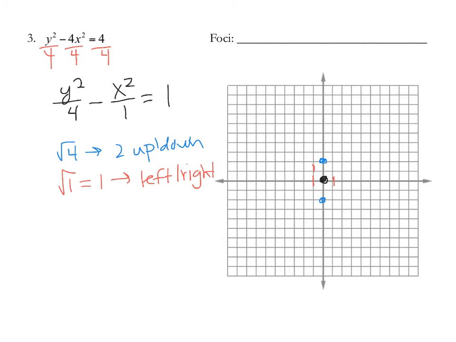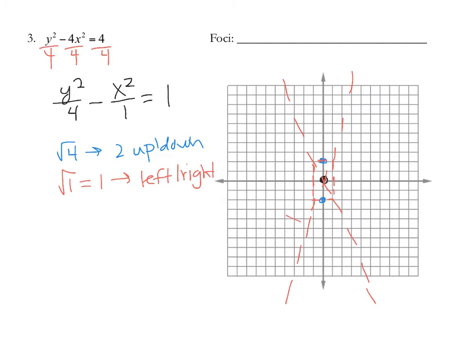So this one, we get a teeny tiny rectangle in here, if we can kind of draw that dotted rectangle there. And then the asymptotes are going to come down pretty steep, because this has a steeper slope to it. Much easier to do on paper with a straight edge.